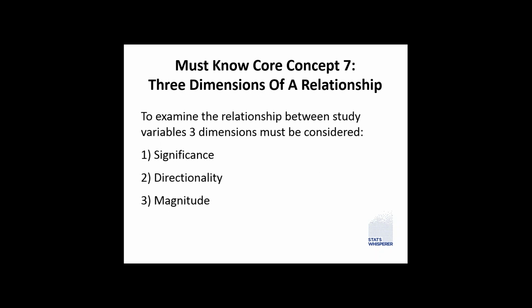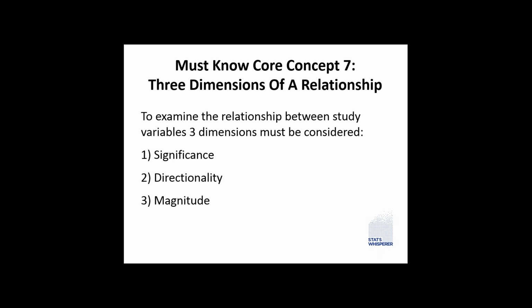All right. Now here's a big one. You don't hear these combined too often, but it's real important. Okay? This is a big bit of knowledge. So, must know core concept 7, the 3 dimensions of a variable relationship.